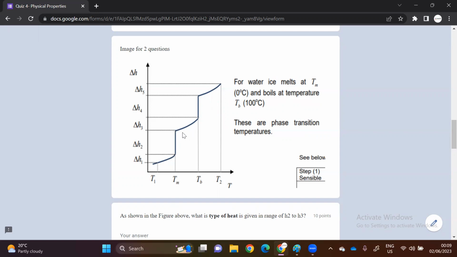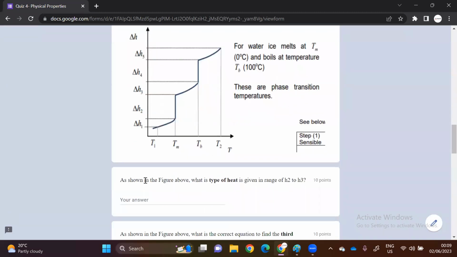Again the liquid is heated up, and we reach delta H4. This liquid will be vaporized. This is delta H vapor, the heat of vaporization, latent heat again at the boiling point at 100 Celsius. After that we have the superheated region, which we are not interested in right now.